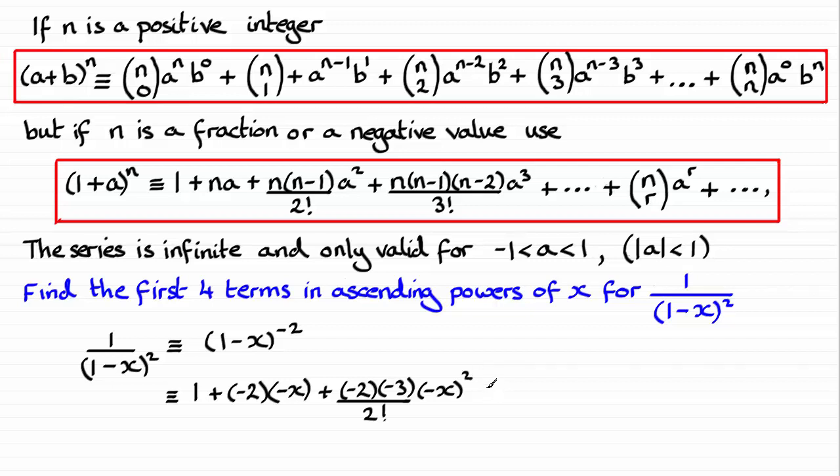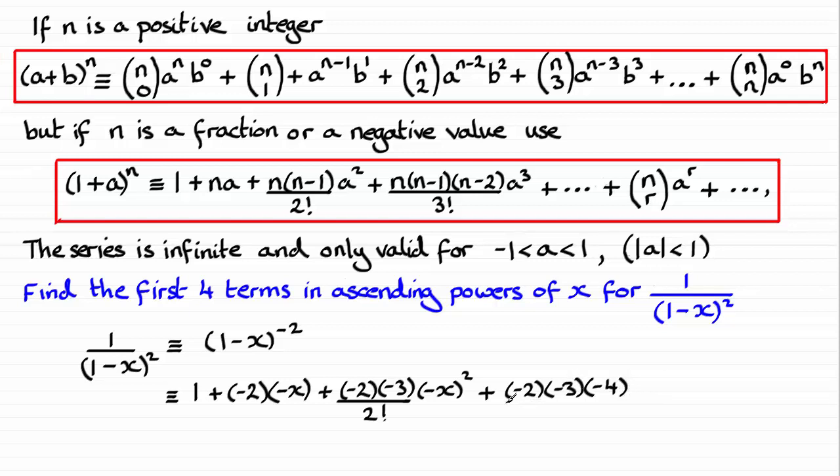For the next term, our 4th term and final term, it's going to be n, so that's minus 2, times n minus 1 and times n minus 2. So we just keep taking 1 away from the previous value here.